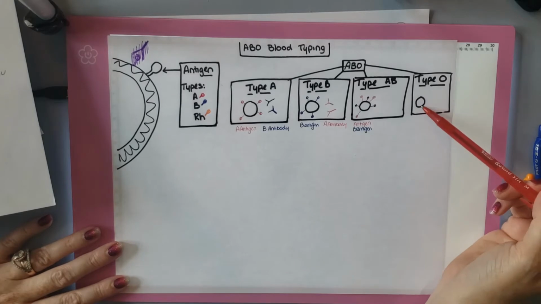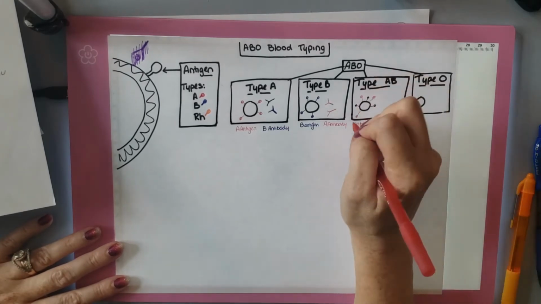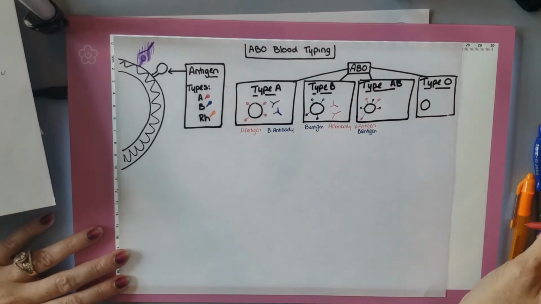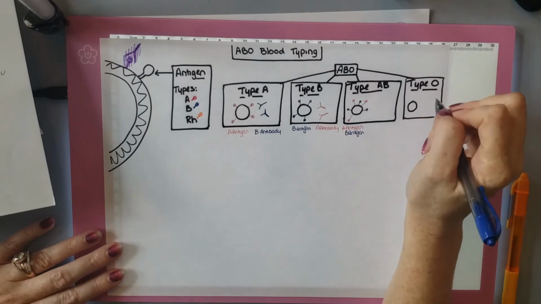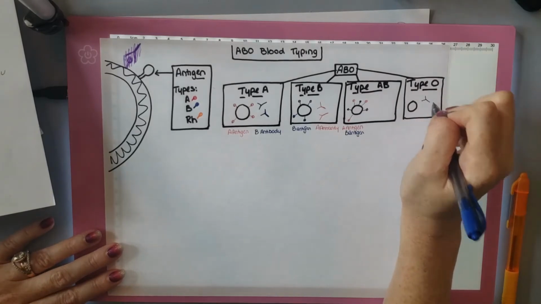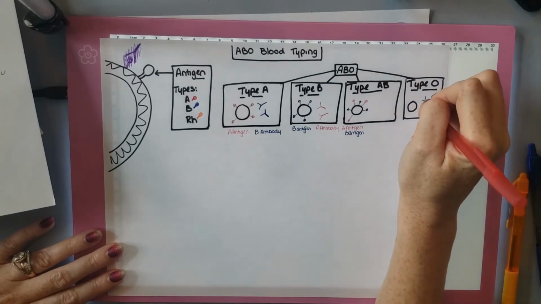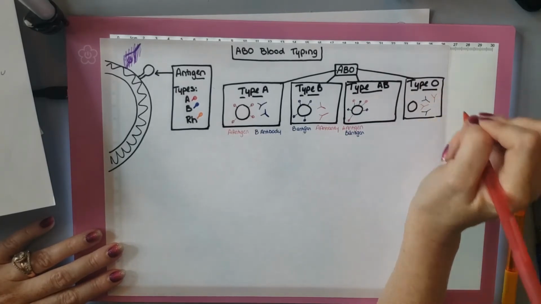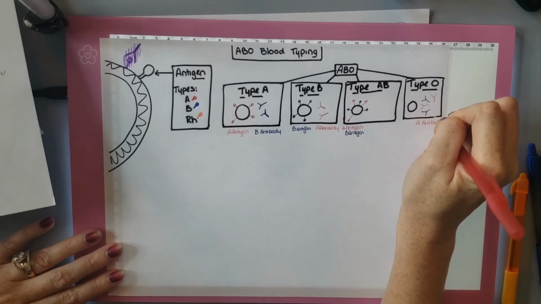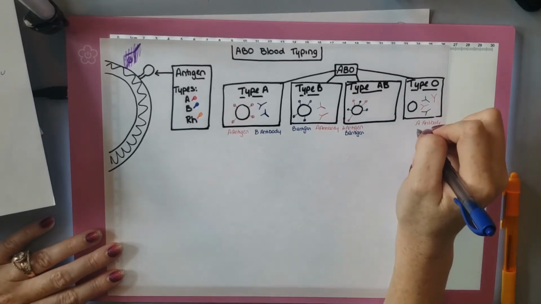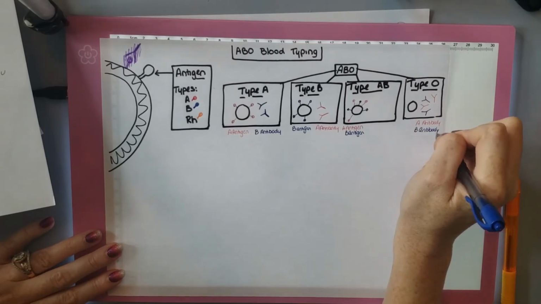Now for type O, they have no antigens, A or B. So they need a lot of antibodies. So they're going to make some for B because B is foreign, and they're going to make some for A because A is foreign. A antibody and B antibody.